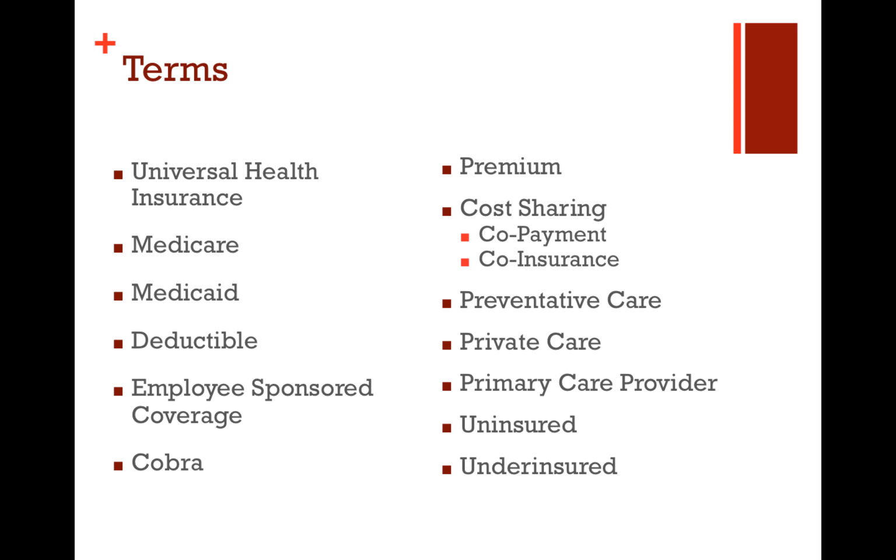Some other terms that you should know have to do with how we pay for our health insurance. So I'm going to jump over here to premium. Premium is, what does your health insurance plan cost? If you think about it in terms of car insurance, if you want to purchase car insurance, you say the things you want. In that case, it's a private market, and they send you a bill and they say, okay, for the year, this is how much your car insurance will cost.